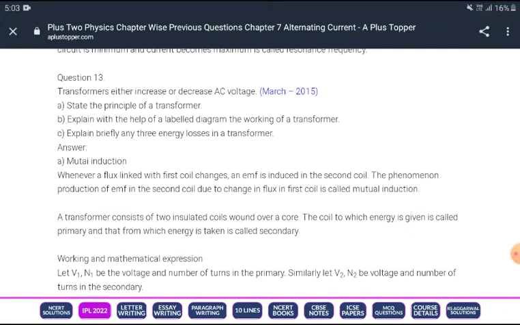Big question. The transformer either increases or decreases AC voltage. State the principle of a transformer. It's mutual induction.